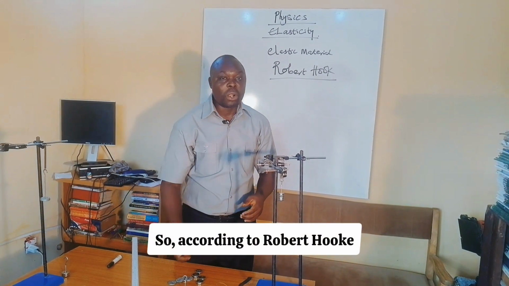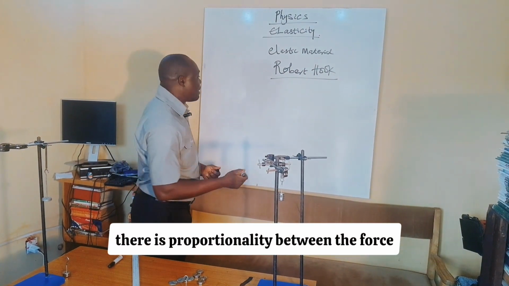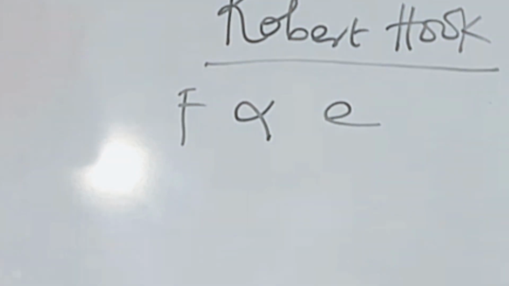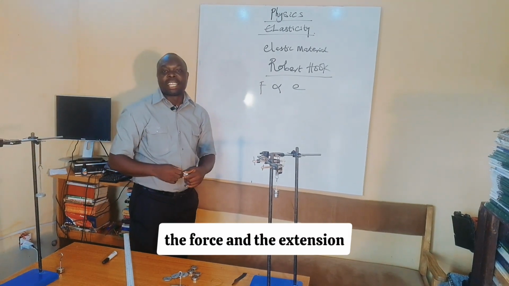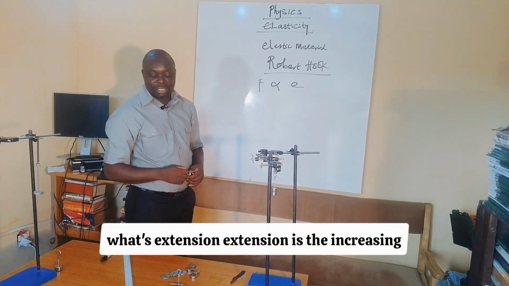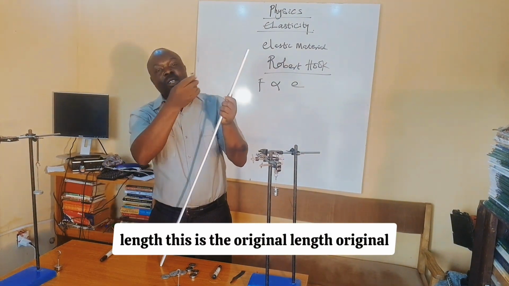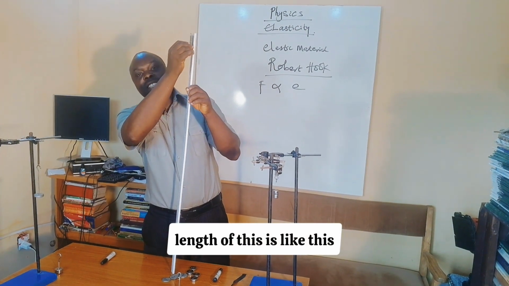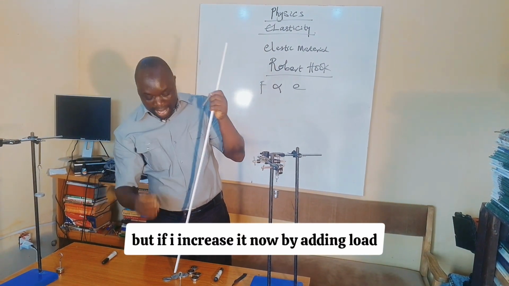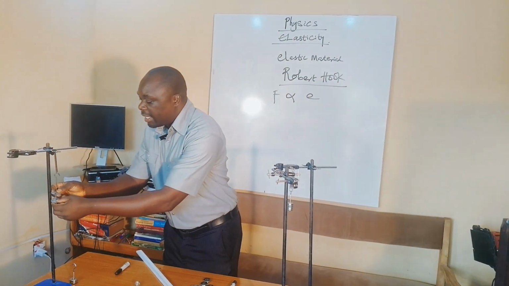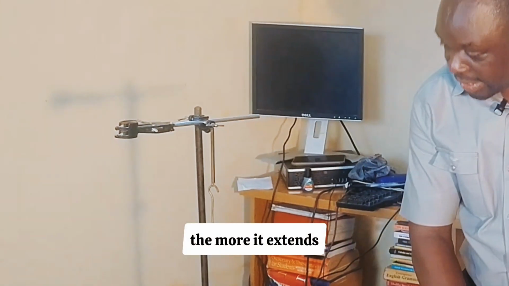So according to Robert Hooke, there is proportionality between the force and the extension. What is extension? Extension is the increase in length. This is the original length. But if I increase it by adding load, the more I add load on it, the more it extends.